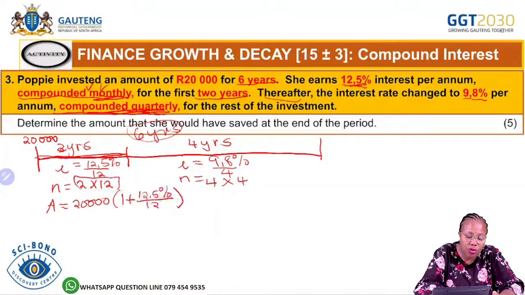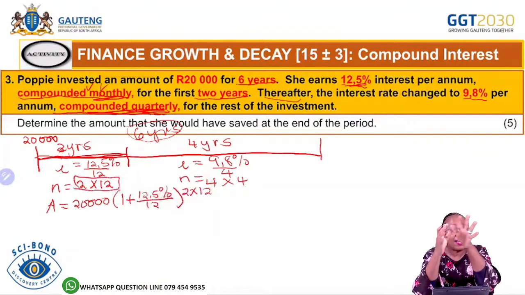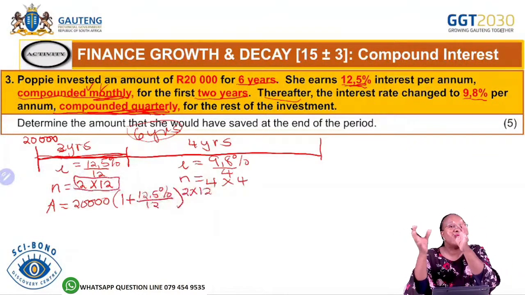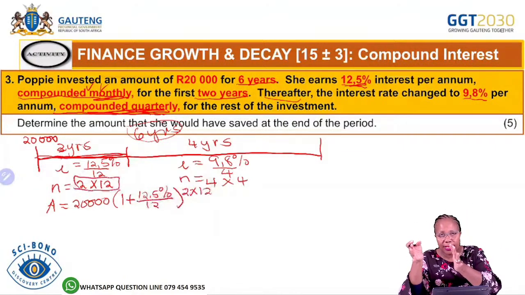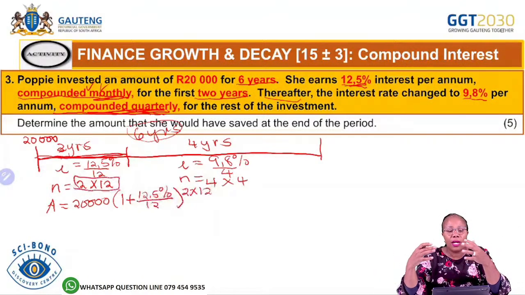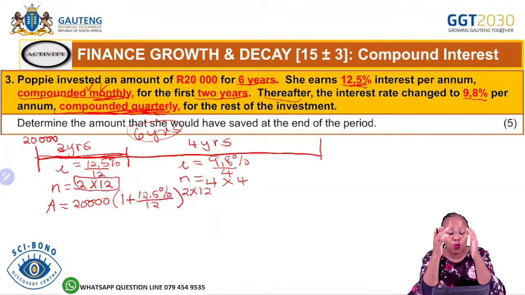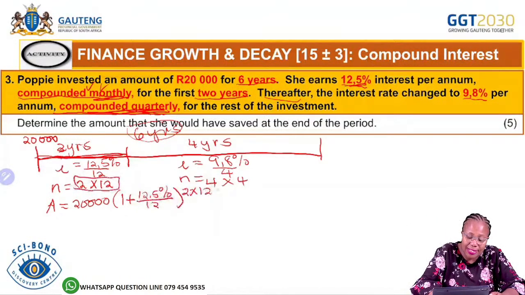For that period there, 2 times 12. Okay, you can work out that part and find the answer. It's fine. And take that amount and invest it on the second investment of 4 years. Or you can do it automatically on one timeline, because the amount that you will get within the period of 2 times 12, which is 24 months, will be invested again for the next 4 years. So we are taking this amount here.